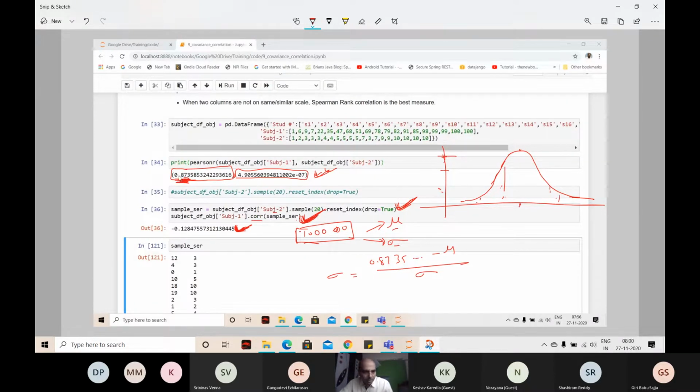So this number is occurring very far, maybe on the positive side, because positive or negative doesn't matter. Maybe it's happening on the positive side only, because when you shuffle, these numbers are coming negative. So 0.87 may be happening somewhere here within 3 standard deviations. If it is beyond 3 standard deviations, we have 0.015 as the p-value.